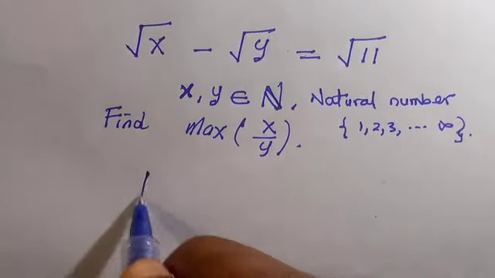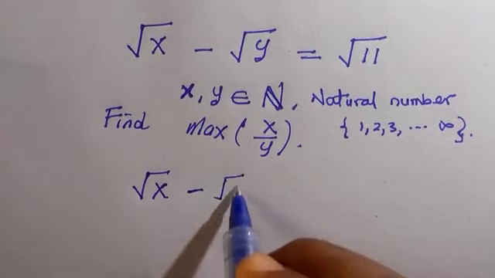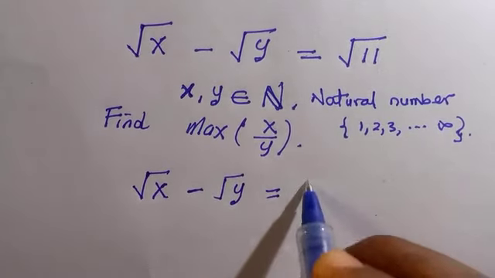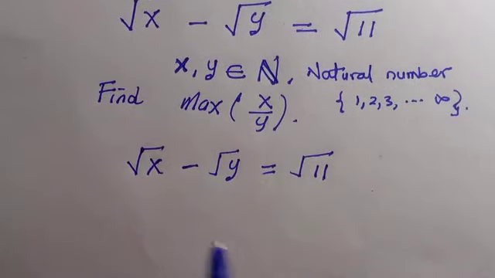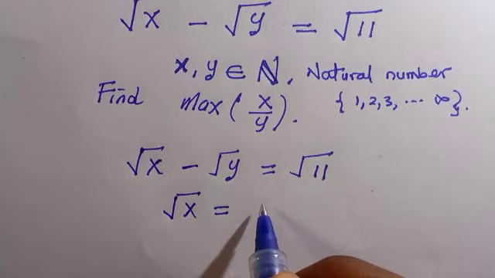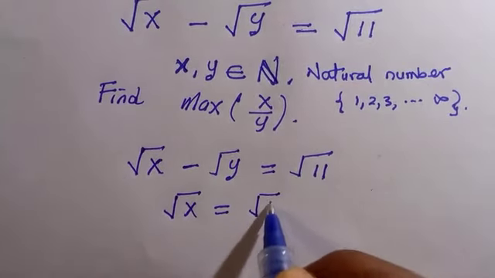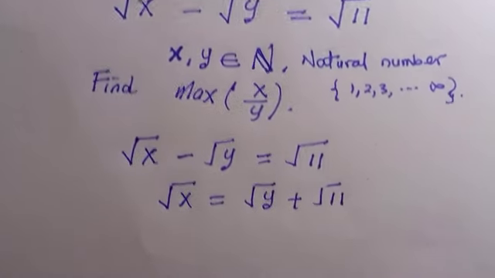To solve this problem, the problem says root x minus root y equals root 11. So our first move is to transfer root y to the other side. Then we have root x equals root y plus root 11.